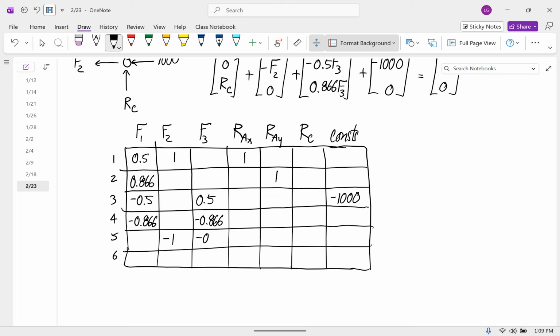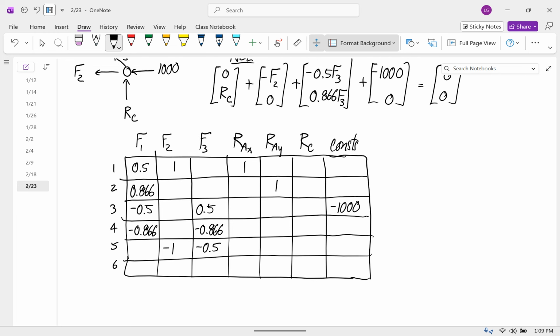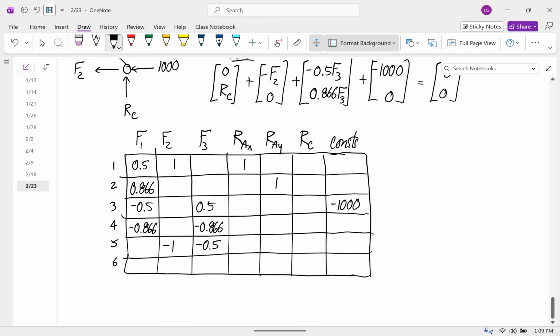F3, we have negative 0.5. And then the constant, when you get it to the other side of the equation, is positive 1,000. In equation 6, F3, we have positive 0.866. RC, we have 1. And that's it.